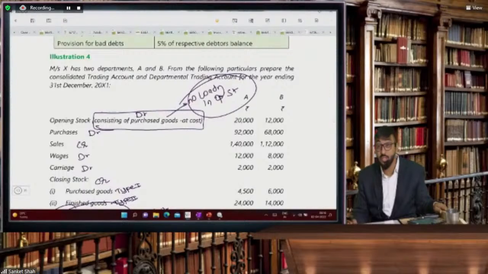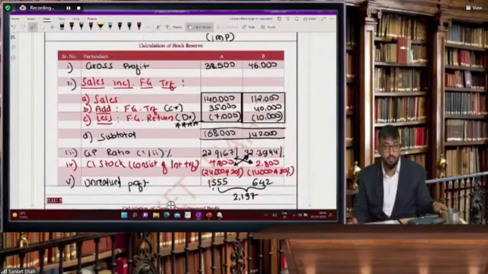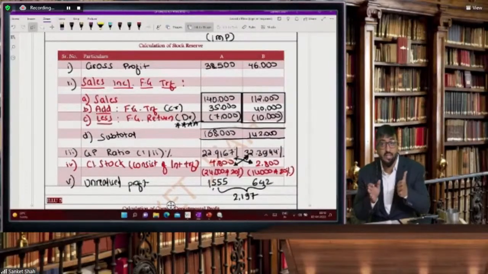But these questions are really tricky. See, what is the format? GP ratio, how to calculate? GP upon sales. Only sales you are going to consider, or including transfer? But what transfer? Purchase goods transfer or finished goods transfer? Finished goods transfer. So sales including finished goods transfer.